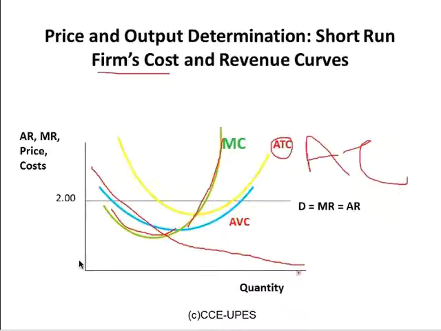It never touches the horizontal axis, but it comes closer to the horizontal axis as more and more is produced. The average fixed cost will reduce. Average variable cost has a tendency to go up. The combination is the average total cost.